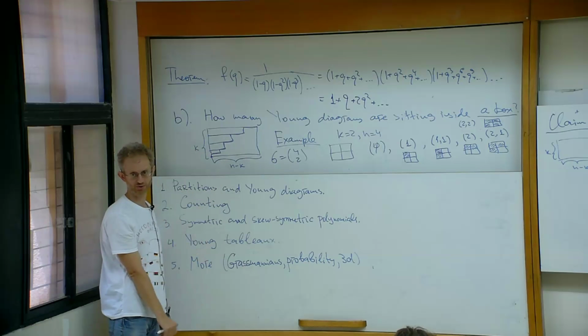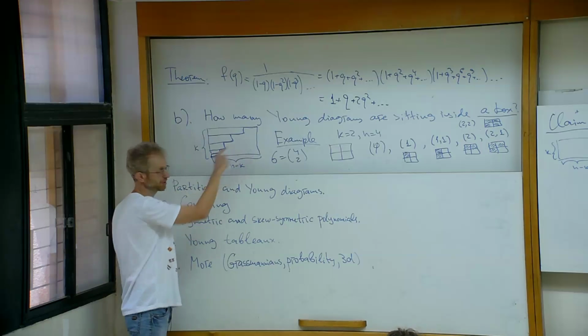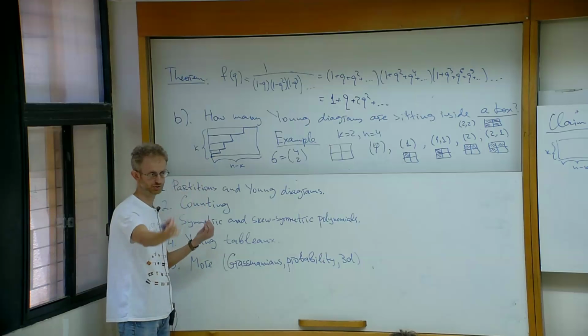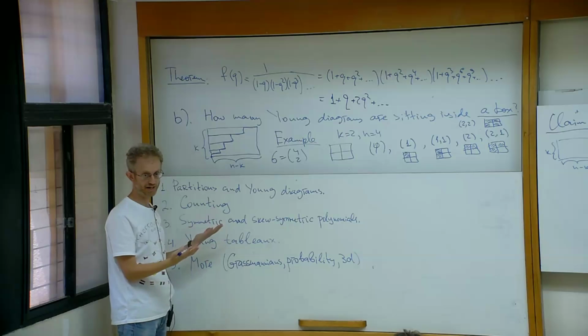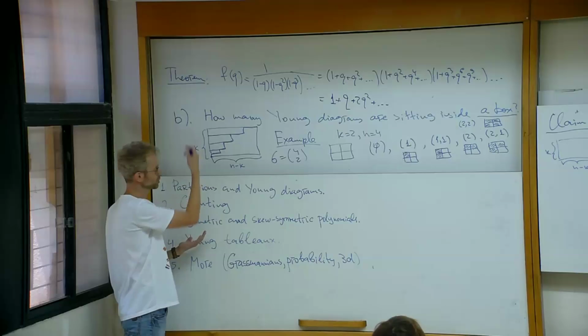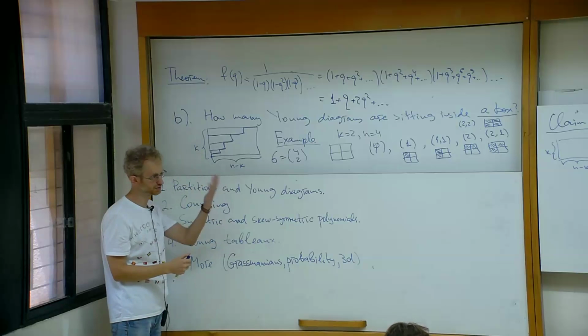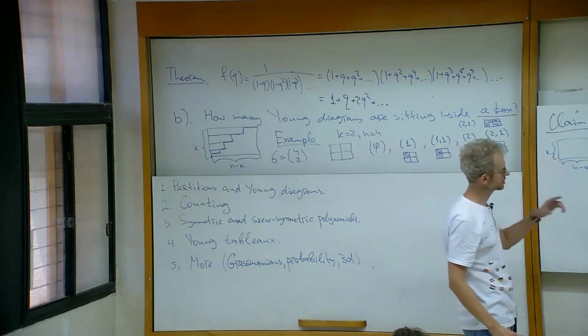How many steps are you doing? You are doing exactly k plus n minus k steps, right? Because you have to move to the right and you have to go up. So there are n steps, and you have to choose where you go up, in k places. This gives you the binomial coefficient. Okay. There is an interesting problem actually.